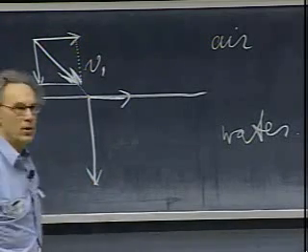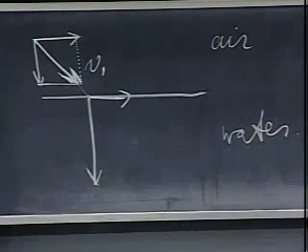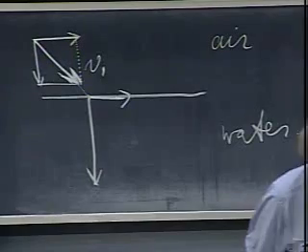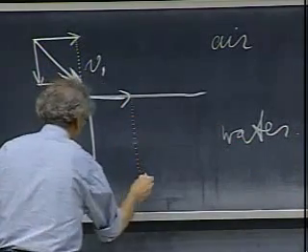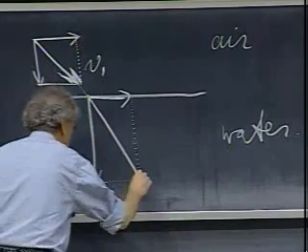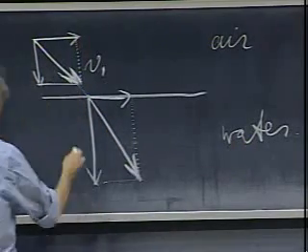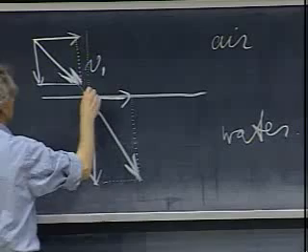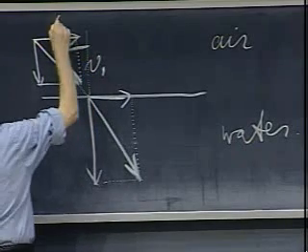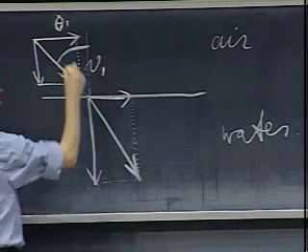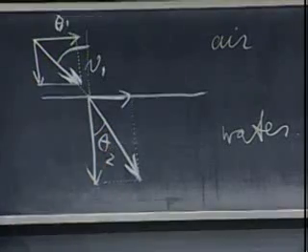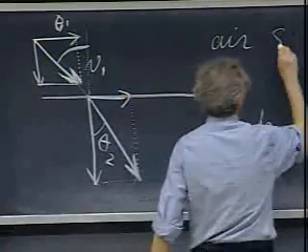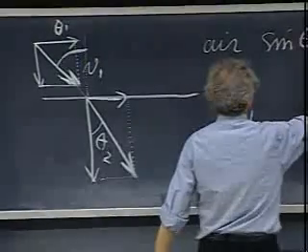This becomes substantially larger, depending upon the index of refraction, of course. And so the new velocity is now in this direction. And so you see that indeed the angle theta 1 is larger than the angle theta 2.